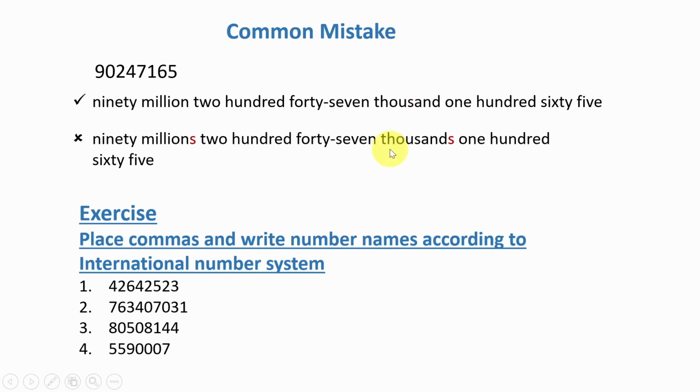If you do this, you will lose marks. Okay? Don't make this mistake. Remember this point. Don't add s to millions, thousands, hundreds, crores, like that. So this is the exercise for you. Please place commas according to International Number System.